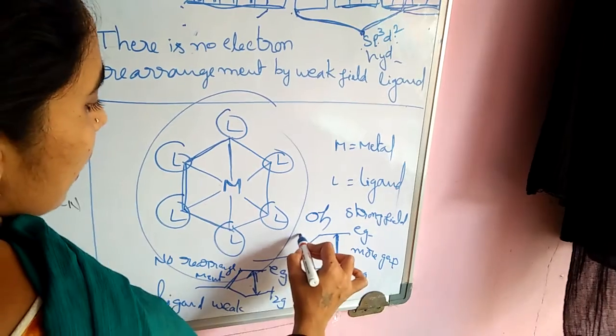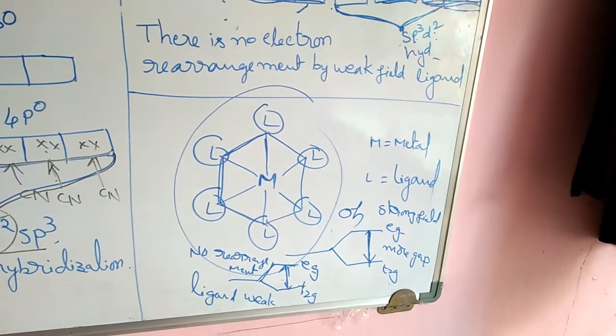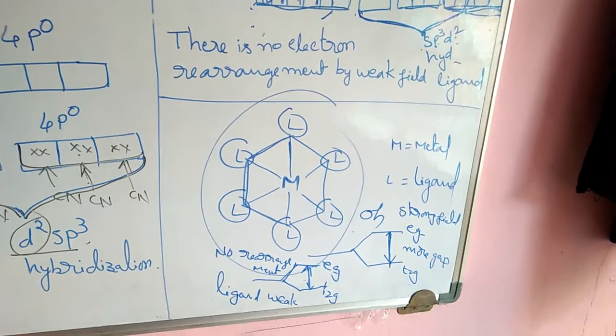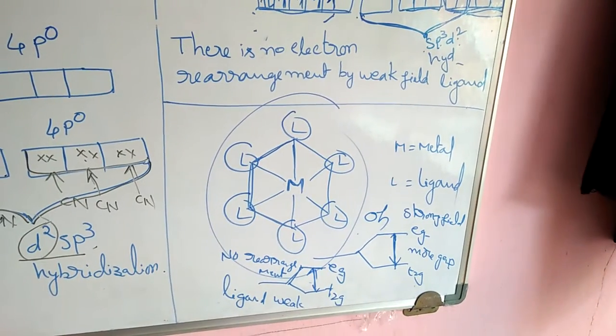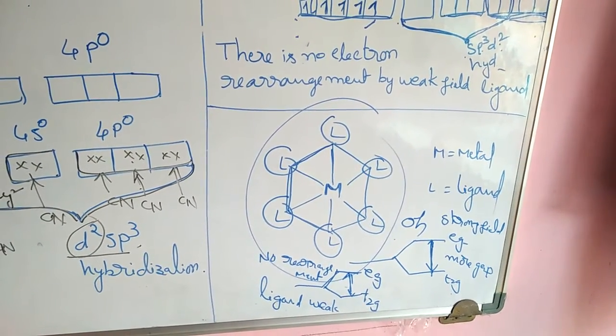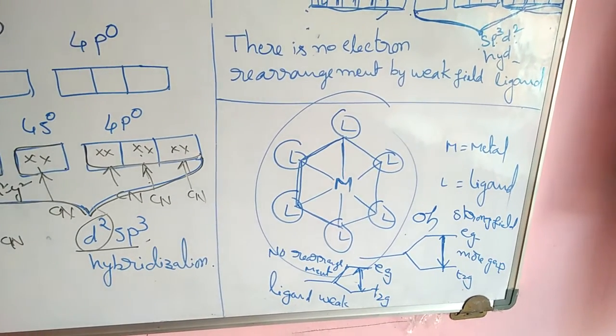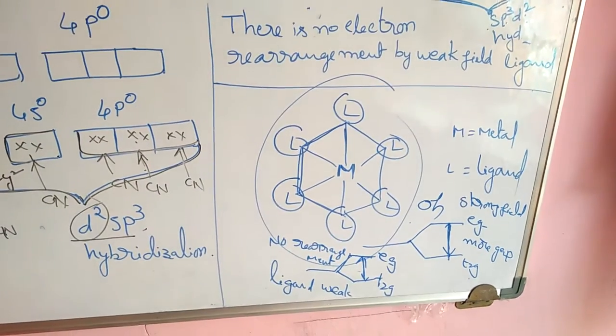So if the ligand is strong field, low spin or inner orbital complex formation takes place. If the ligand is weak field, high spin or outer orbital complex formation takes place.